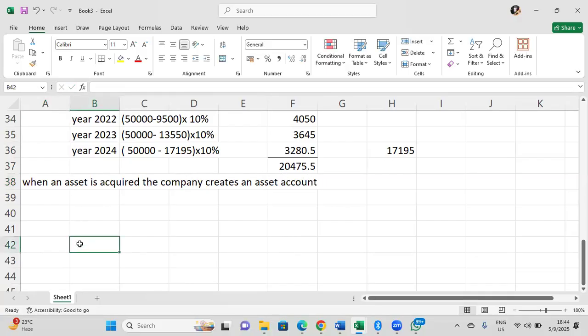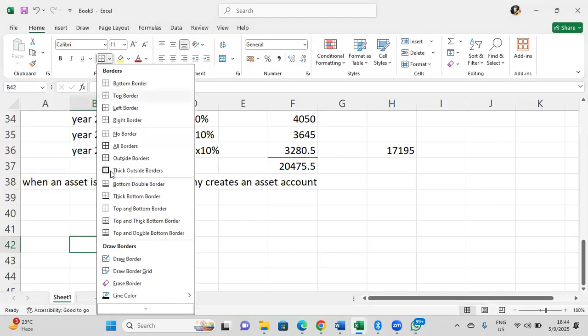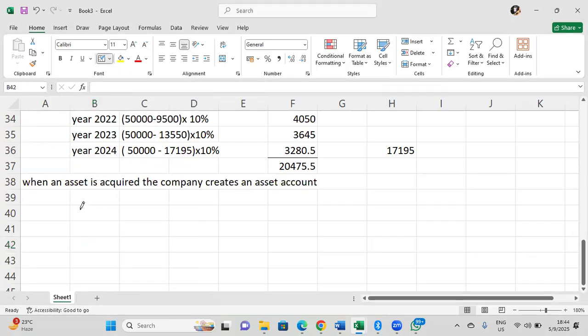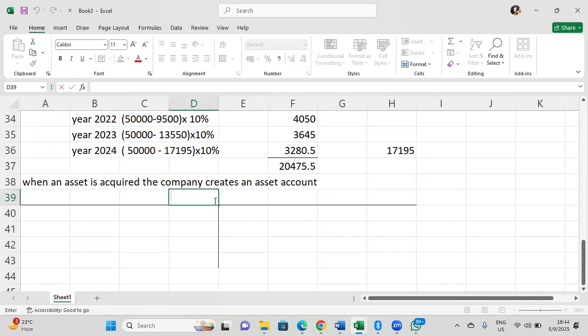When we buy an asset, we create an asset account. So let's have our asset account.